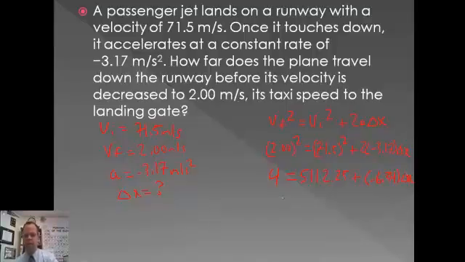So I'll subtract 5,112.25 from both sides. I get negative 5,108.25 equals negative 6.34 delta x. Divide both sides by 6.34. It's negative, and I get a displacement of 805 meters.